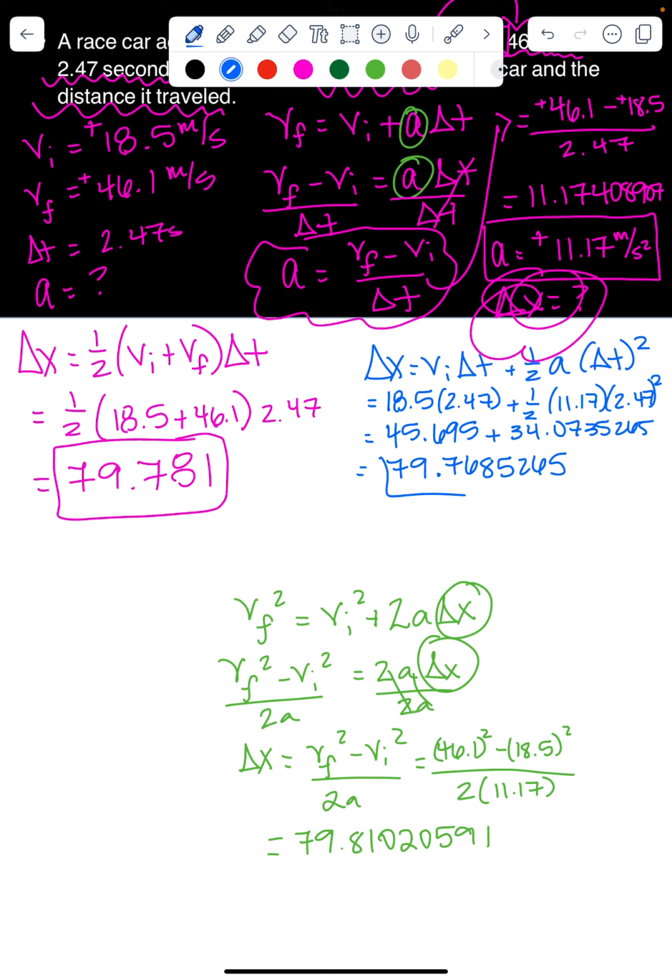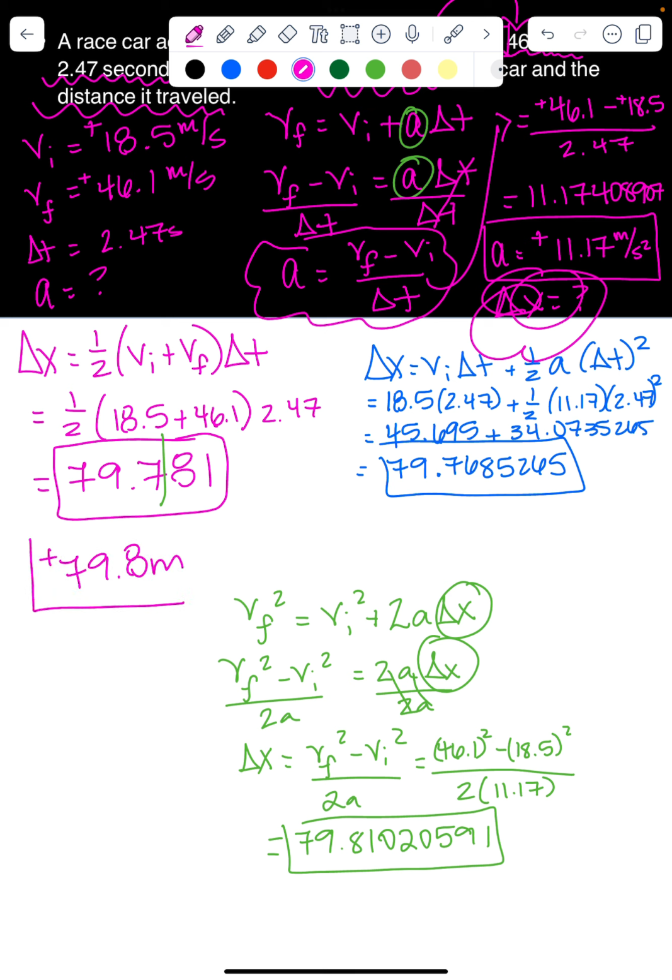Let's look at these 3 raw answers. If we are looking at just the raw answers, then no, we do not have the exact same answer. But if I wanted you to take it to just one decimal place, this one would be 79.8 meters in the positive direction.